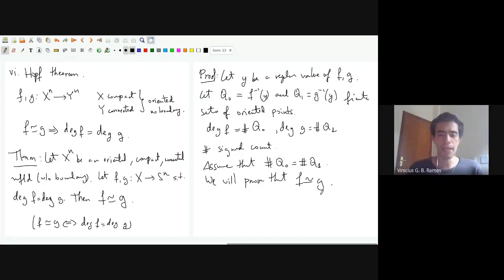Before doing that, we're actually going to replace f and g by two other functions that have the same preimage of y. Okay, so that's step one.